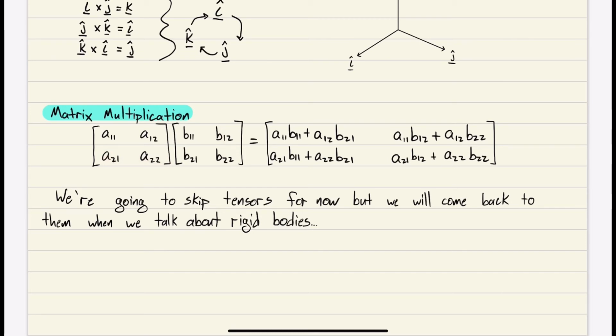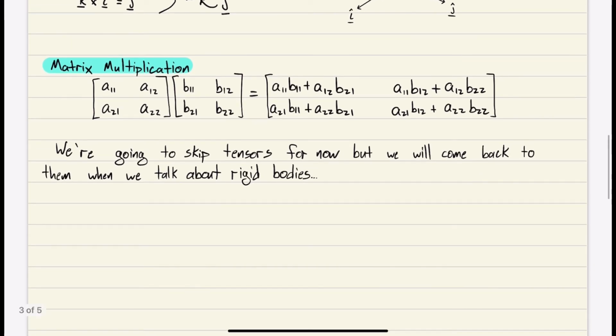If you need more examples, just Google it. There's 1,000 examples of matrix multiplication. I know you can get it. We're going to skip the tensor product for now, and we'll come back to it a little later when we start talking about rigid bodies, but I don't think we really need to cover that right now.